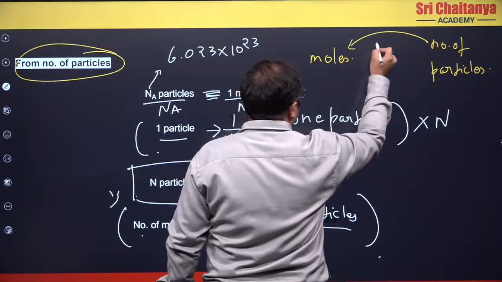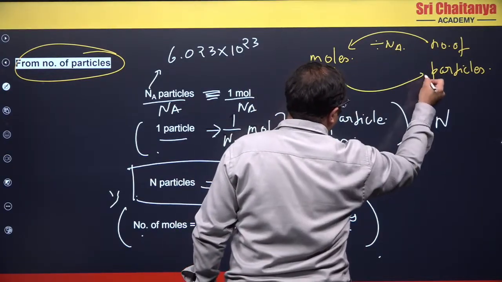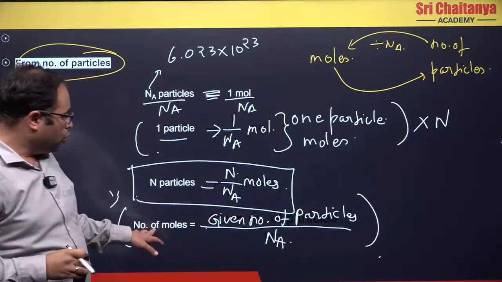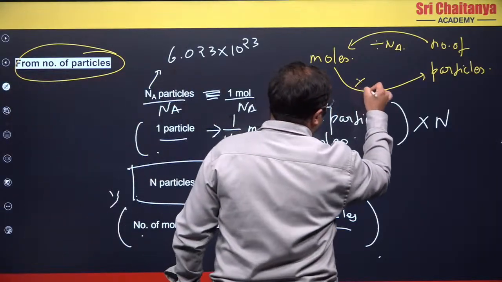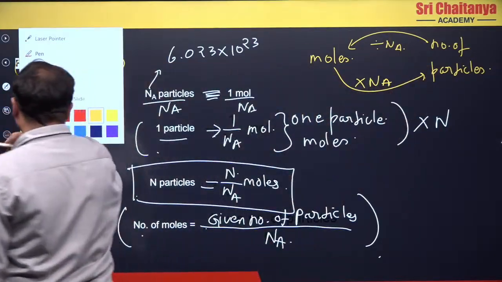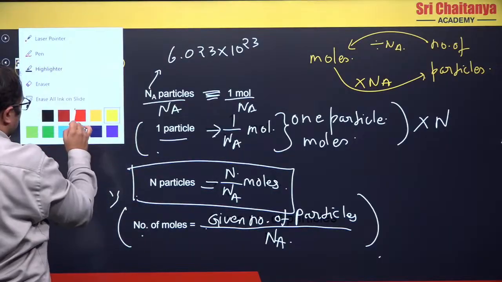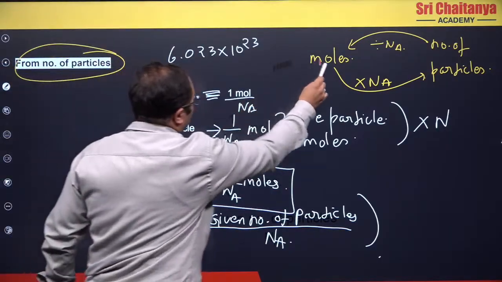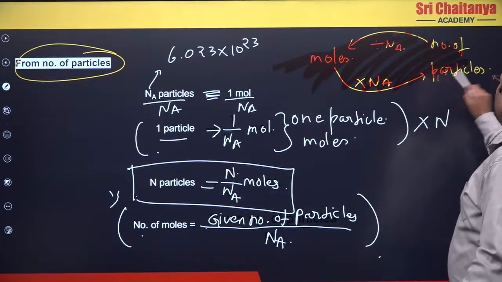So division by Na. But if you have to go from moles to number of particles, cross multiply this here, and you will get this. So this is your formula. Okay.